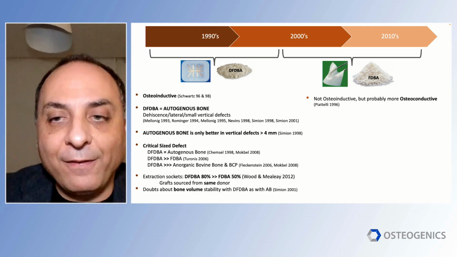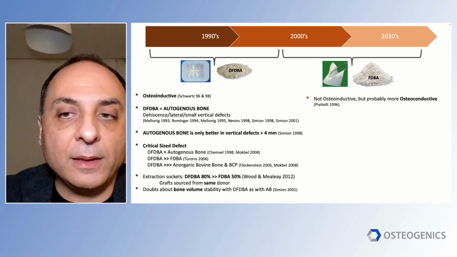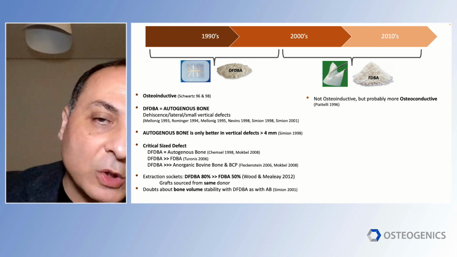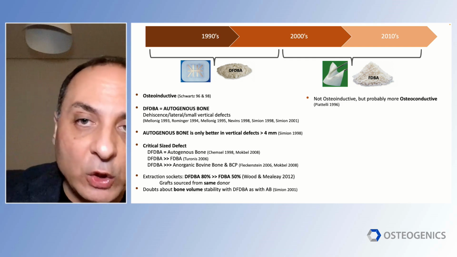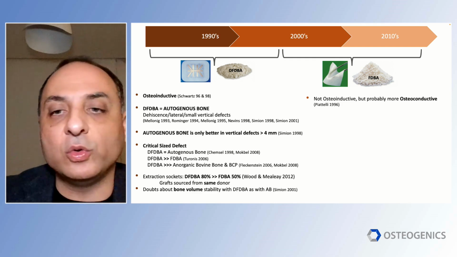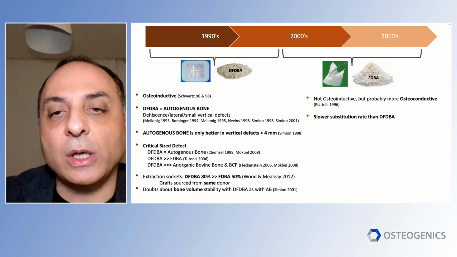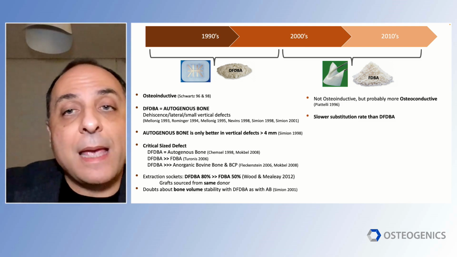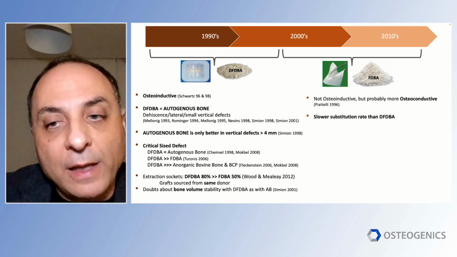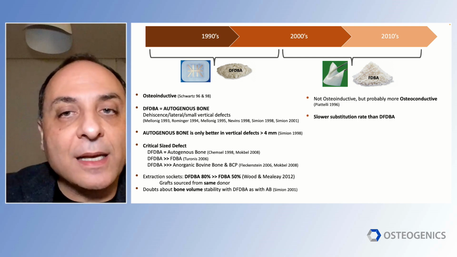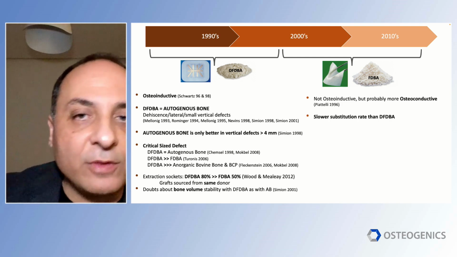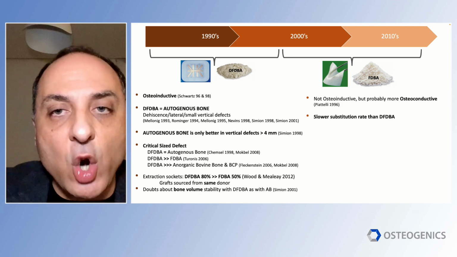Whereas the FDBA is more of an osteoconductive product because the HA, the mineral, is there and conducts bone to form. It's not osteoinductive, excuse me. And the important aspect of FDBA is that it does not resorb as quickly as the DFDBA, so it stays there longer.